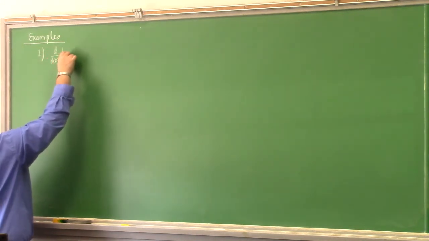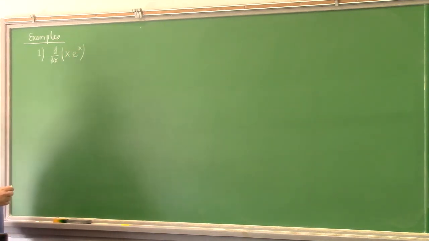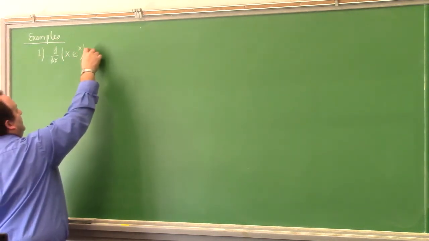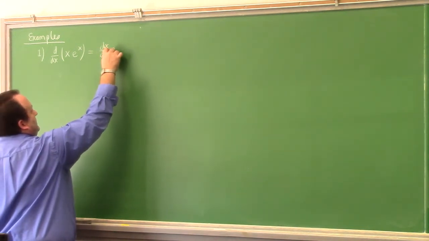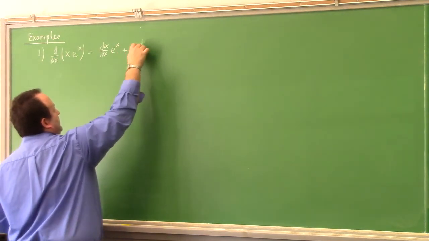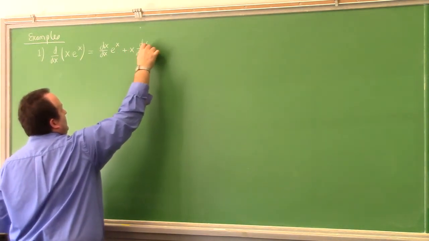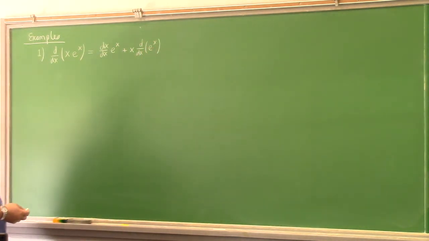d dx of x times e to the x. All right. So here we do dx dx times e to the x plus x times d dx of e to the x, applying the product rule.